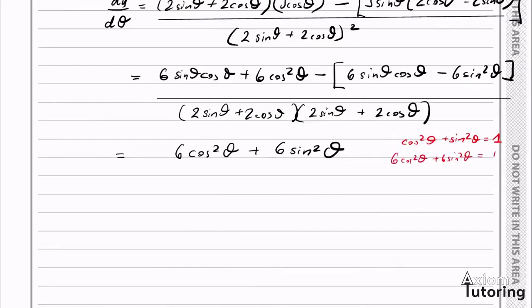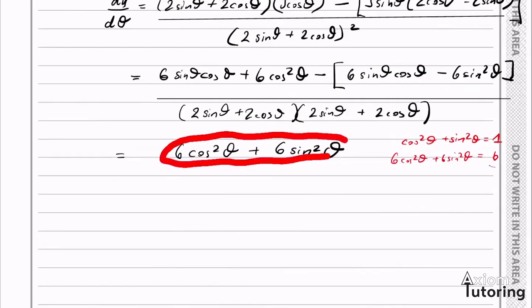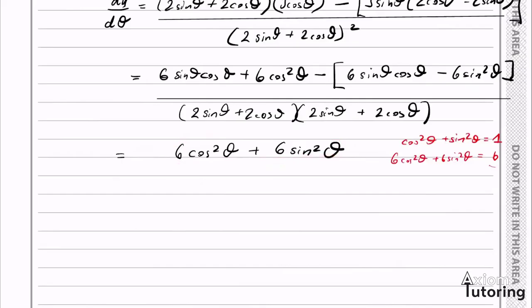That just gives us 6 because we have to multiply everything on the left by the same thing that we multiply on the right with. So that means that 6 cos squared theta plus 6 sine squared theta is going to give us 6. So this entire expression here just simplifies to give us 6. And that comes from one of the first things you learn, your trig identity.